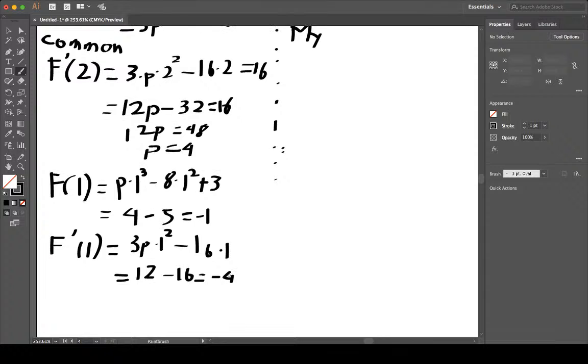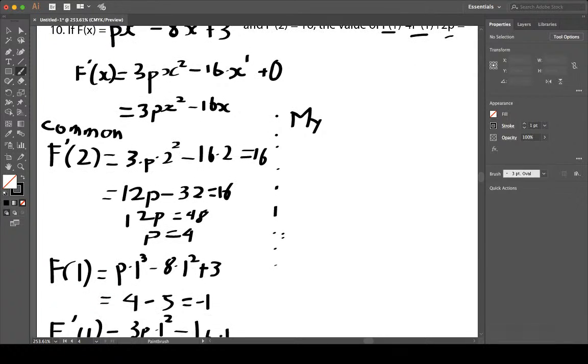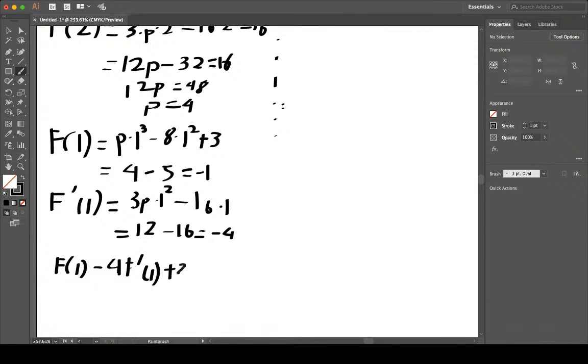And so when we combine them all together, function 1 minus 4 prime of 1 plus 2p would basically be, just plug the entire numbers in: negative 1, add 16, that's negative 4 times negative 4, plus 2 times 4.